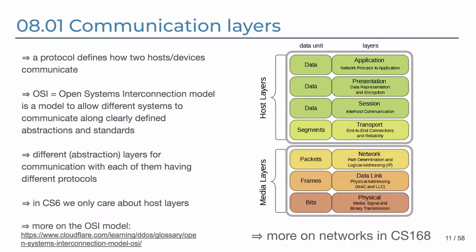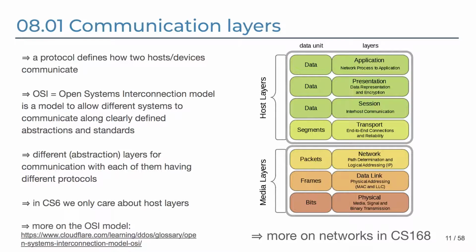It breaks down the connection steps into multiple layers, starting from the physical layer where you basically send bits and bytes, to the data link where you find the devices over a physical link, to networking where you have packets, addressing using IPs and so on.